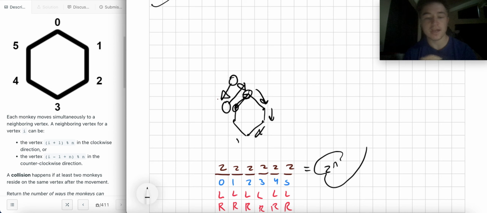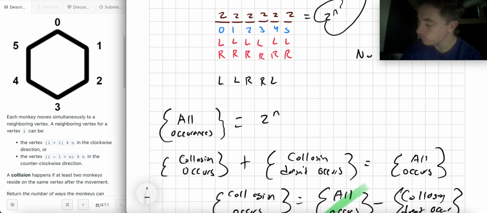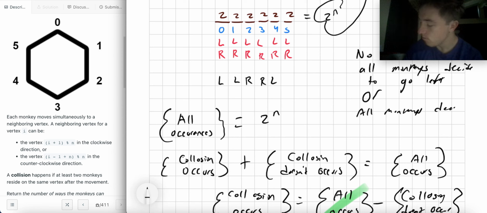So the only way that a collision won't occur is if all monkeys decide to go left, or all monkeys decide to go right.